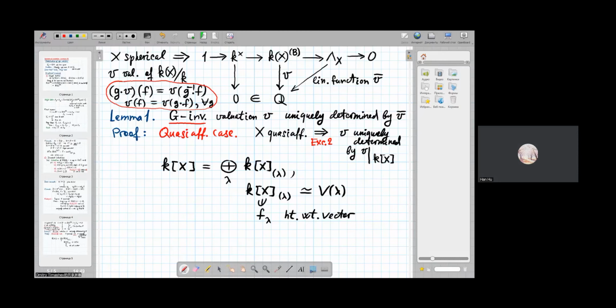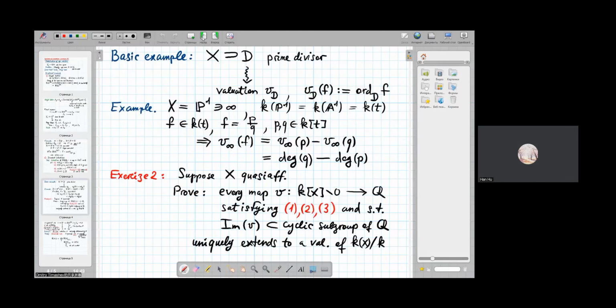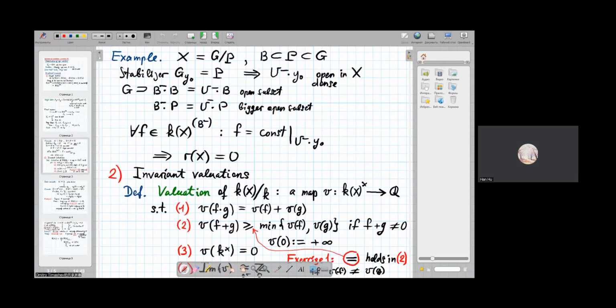It is assumed irreducible because you are discussing function fields, fields of rational functions, and it makes sense to speak about a field of rational functions only on an irreducible variety. So X is assumed irreducible, of course.